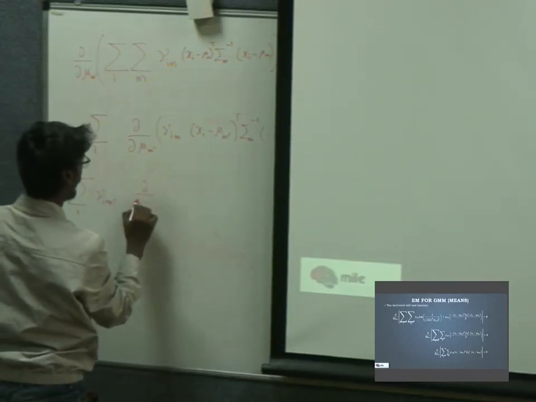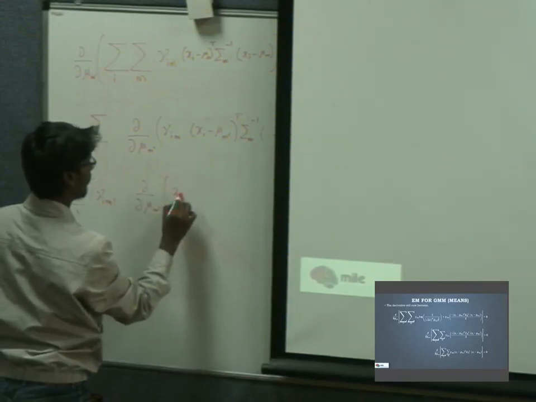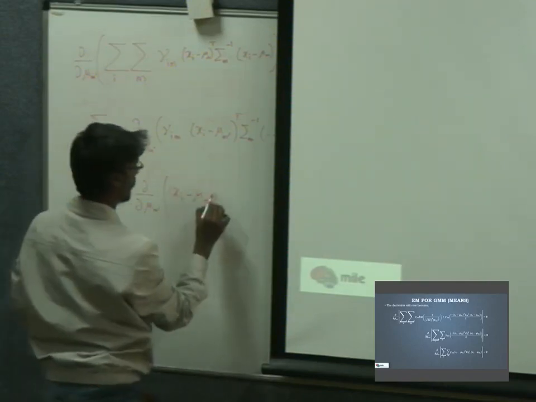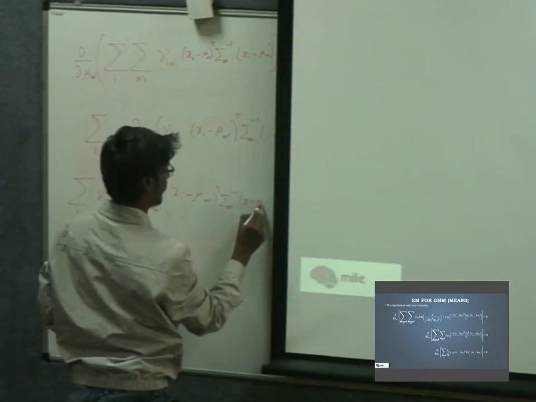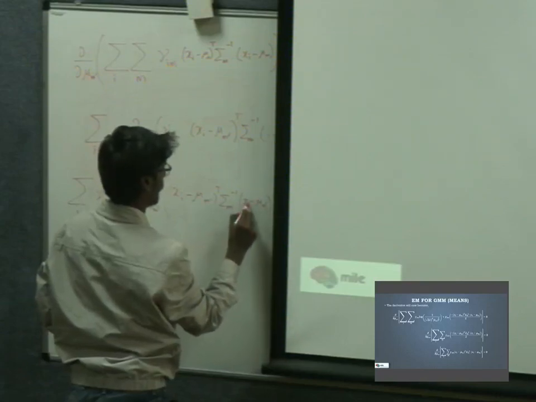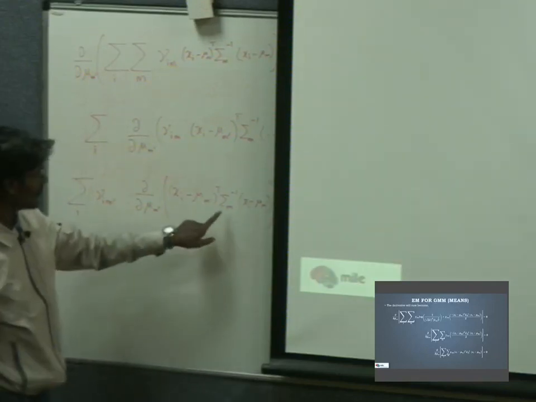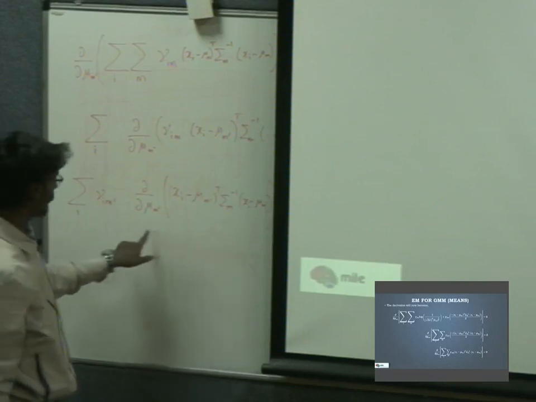Whatever you have here depends upon mu m. You can also tell that sigma m doesn't contain any mu m, so can you take this outside?